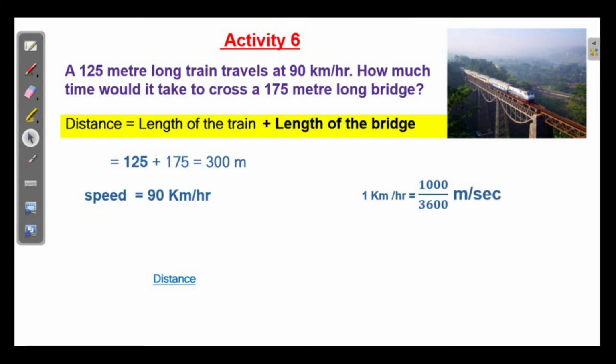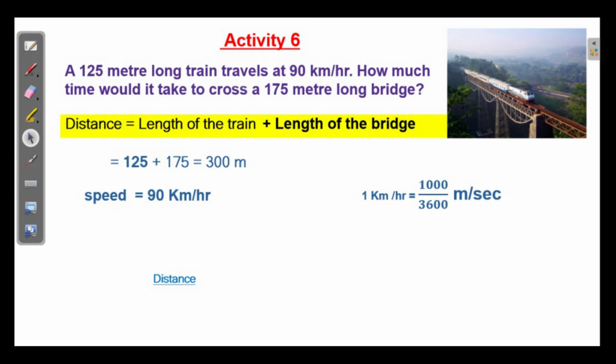So, let us change this kilometer per hour into meter per second. The train takes only seconds to cover a bridge, isn't it? 1 kilometer is 1000 meter. Then per hour means divided by hour. 1 hour is 60 into 60, that is 3600 seconds.